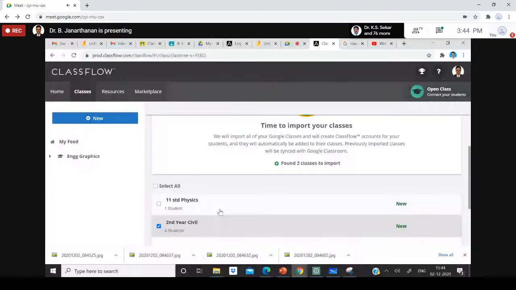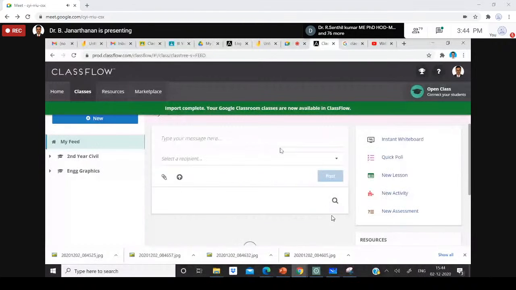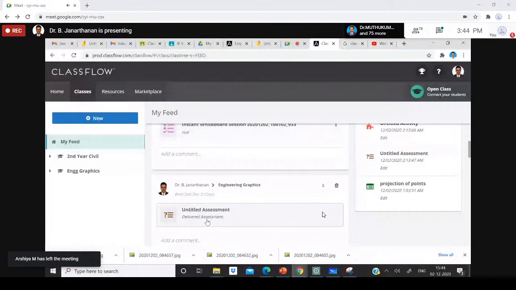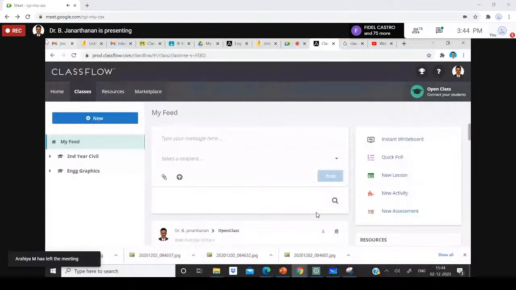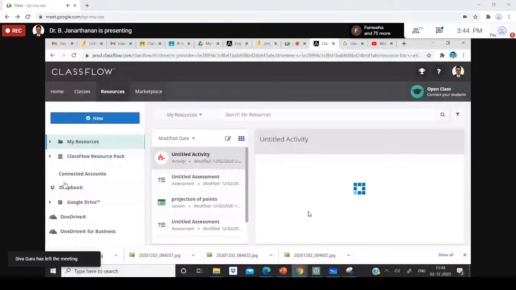So you can access this Google Classroom from your ClassFlow also. Whatever resources I have in the Google Classroom, I can access from this. In the next tab, Resources, you can access Google Drive, OneDrive, Dropbox, all these things.